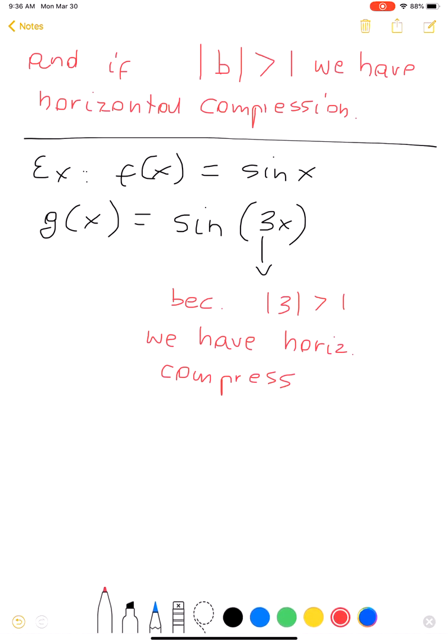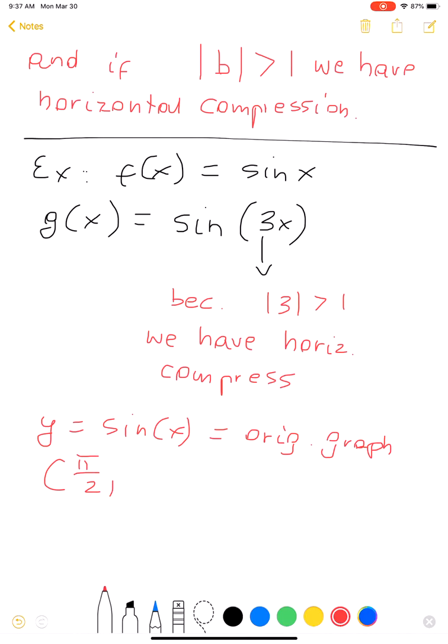So just quickly to give you the idea, because after this class, actually, you're ready to take trig. So y equals sine of x, original graph. They use a couple points. I'm just going to explain based on pi over 2, 1, and 5 pi over 2, comma 1.